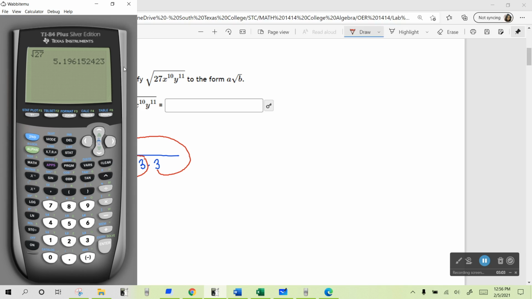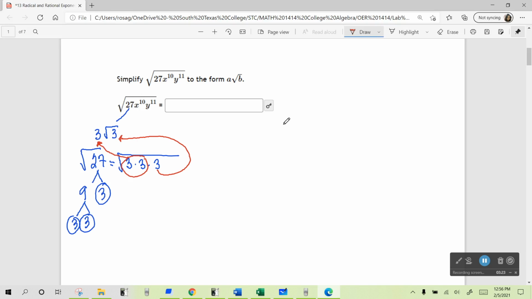And you want exact answers for these. So that's one of the issues. I think maybe some of the newer models may do it, but most TI-84s won't.